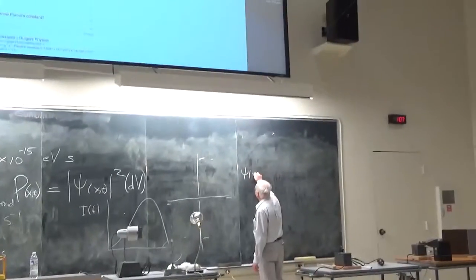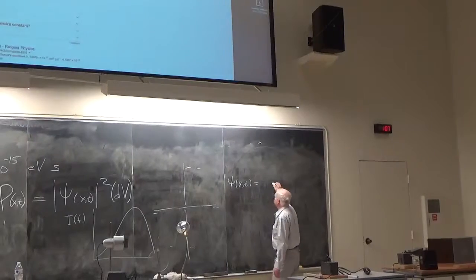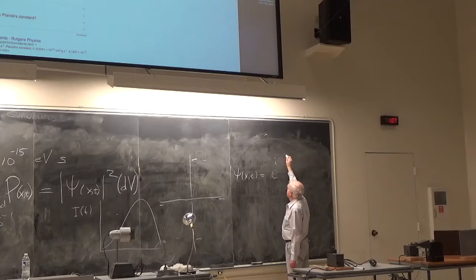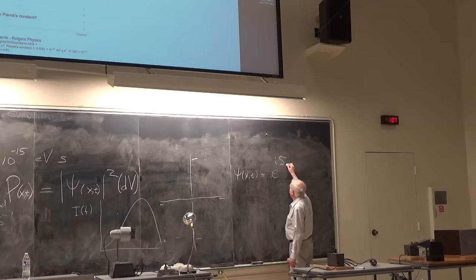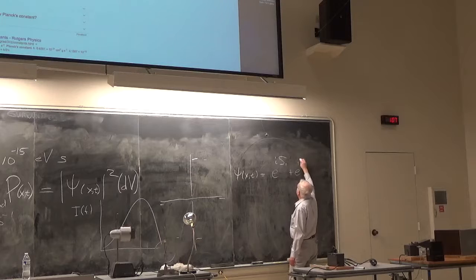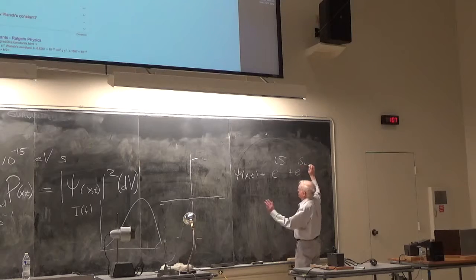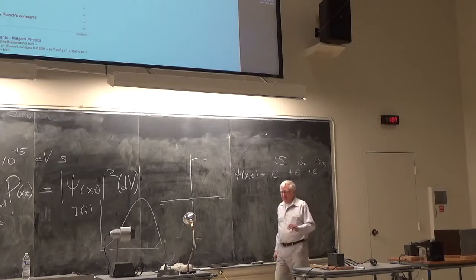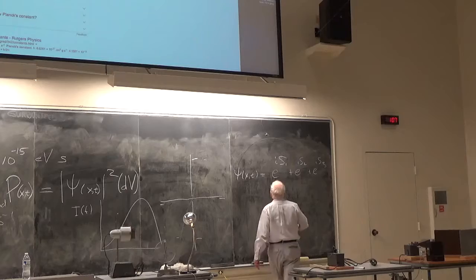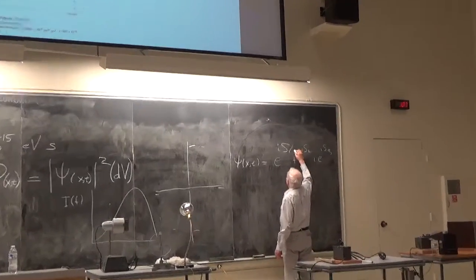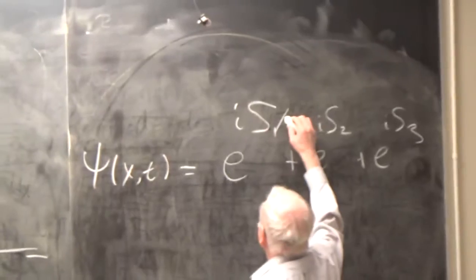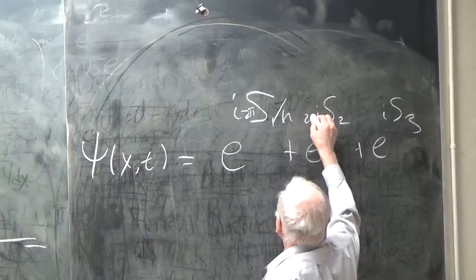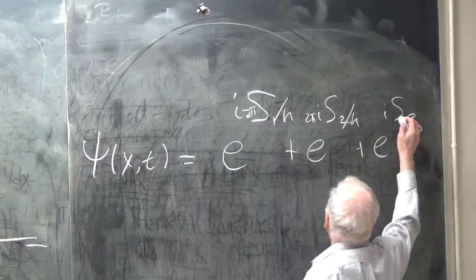So psi of x and t is really a sum of e to the i S1 plus e to the i S2, apart from normalization, plus e to the i S3, where each of these S's is divided by Planck's constant and multiplied by 2 pi. So it's 2 pi i over Planck's constant.